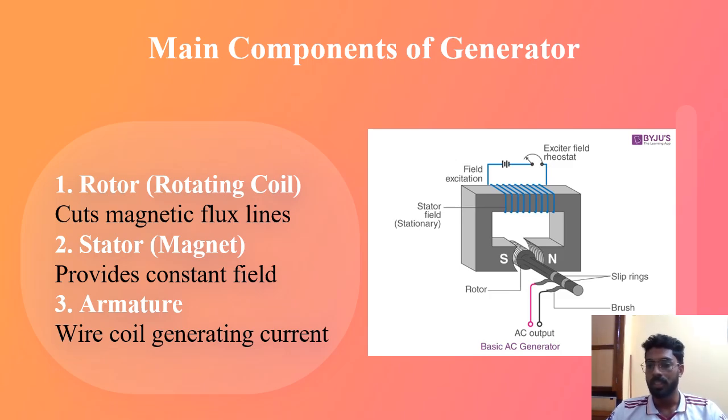The magnet is a stationary part, it will not be moving, so we call that the stator. The magnets provide a constant field, and the rotating coil, or the rotor, cuts the magnetic flux lines. When the magnetic flux lines are being interrupted continuously, they induce EMF, and that will be converted into electrical energy.